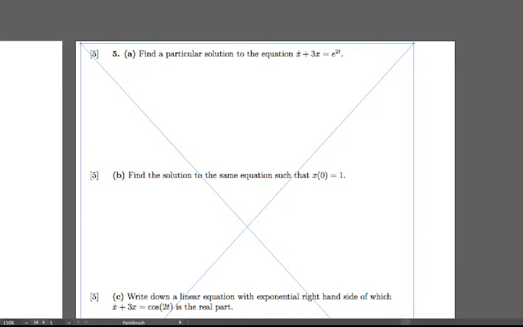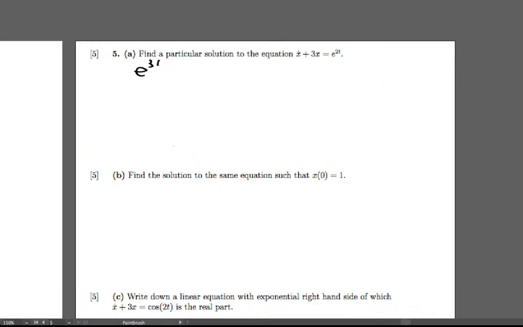To do this, we are going to be multiplying the entire thing by e to the power of 3t. So e to the power of 3t x dot plus 3e to the power of 3t x would equal e to the power of 5t, which would literally mean that e to the power of 3t x would equal this integrated, which would be e to the power of 5t divided by 5. Add this by a constant.